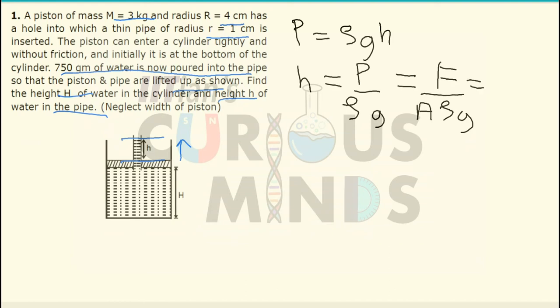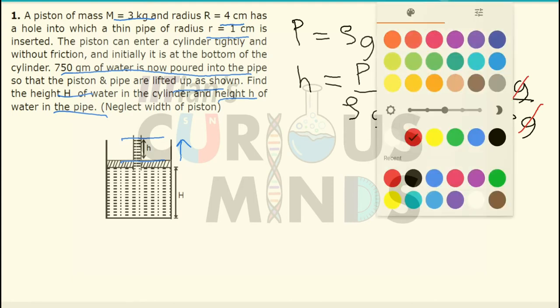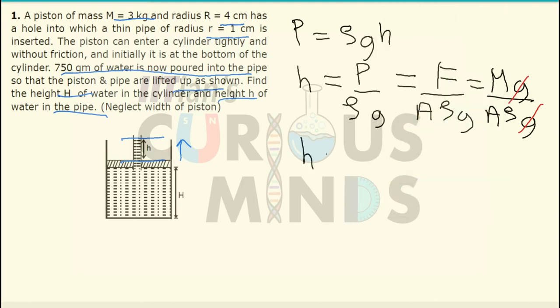And the force part is written as mg divided by A, rho into g. So the g and g will get cancelled off from the numerator and the denominator. The total height raised, that is the small h, will be equal to m divided by A into rho.